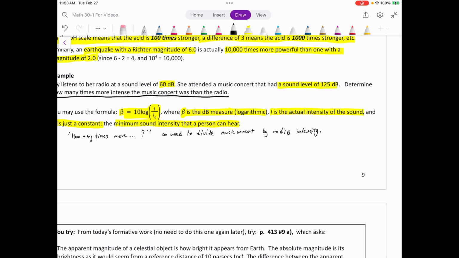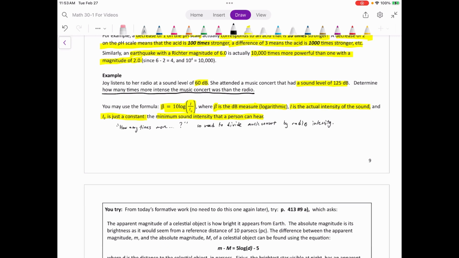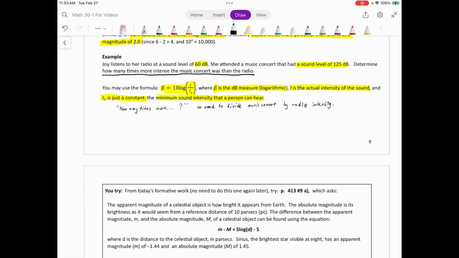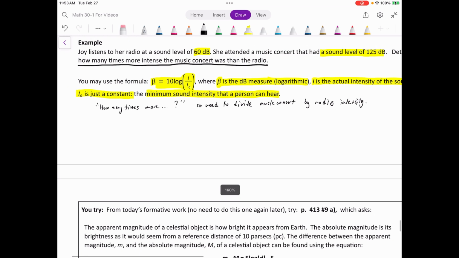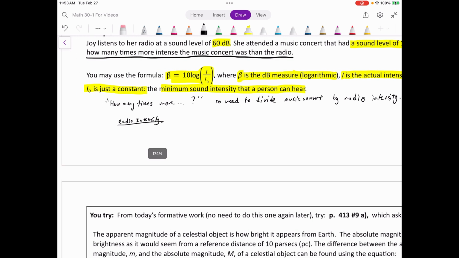Okay, so let's think about these each individually, because yes, we need to divide the intensity of the music concert by the intensity of the radio, but we don't even have an expression for that yet. So let's just think, can we solve for the radio intensity? If we can do that, then we can divide the music concert intensity by it.